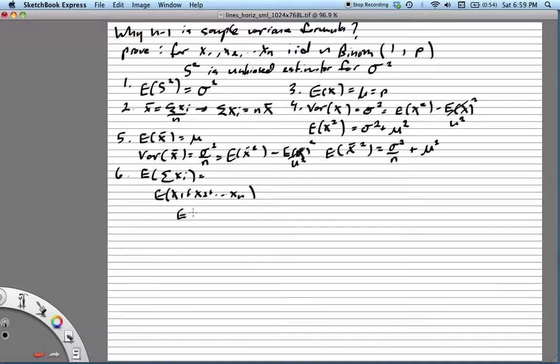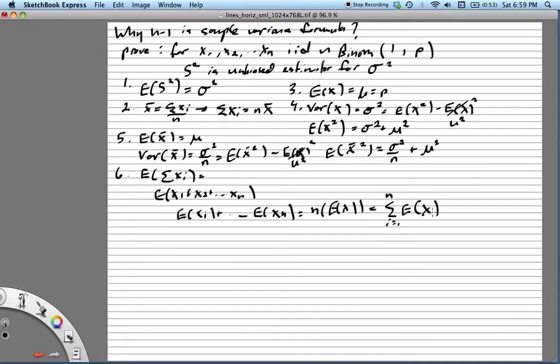So we get the expected value of x1 plus dot dot dot up to the expected value of xn. Okay, but this is just n times the expected value of x, which is equal to the sum of the expected value of x from i equals 1 to n.